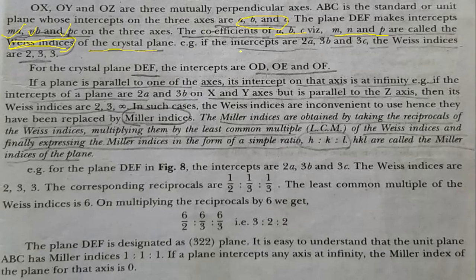If the intercepts are 2a, 3b, and 3c, the Weiss indices m, n and p are shown as 2, 3, 3. For the crystal plane DEF, the intercepts are OD, OE, and OF.